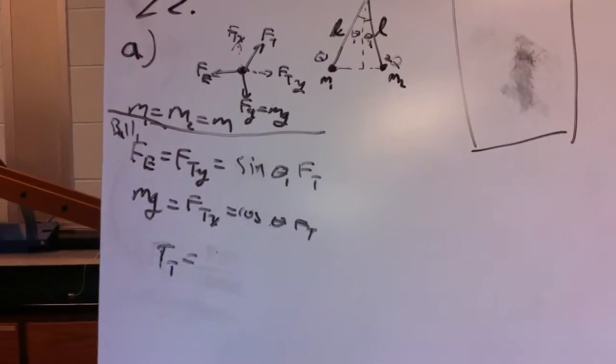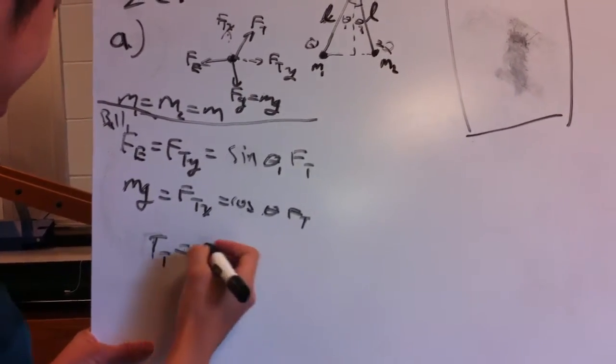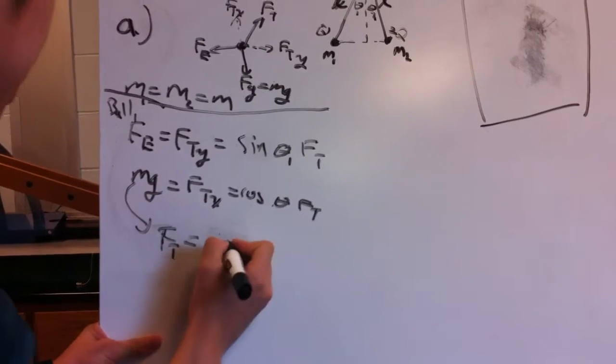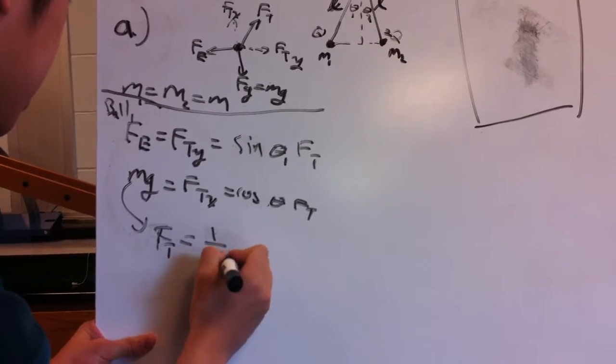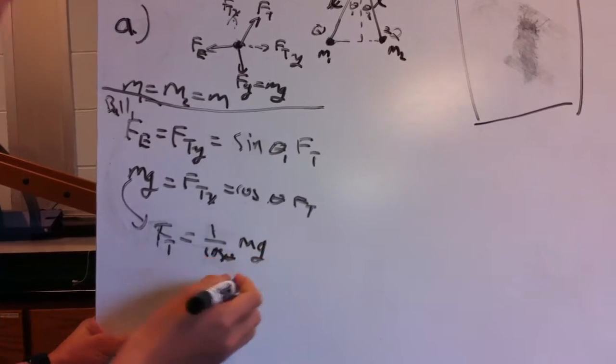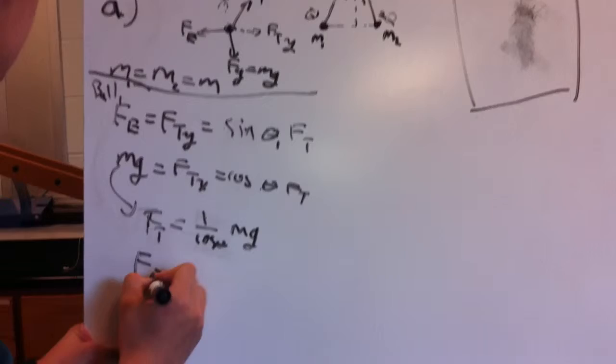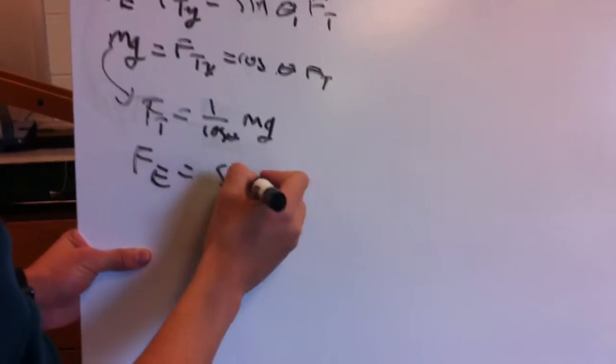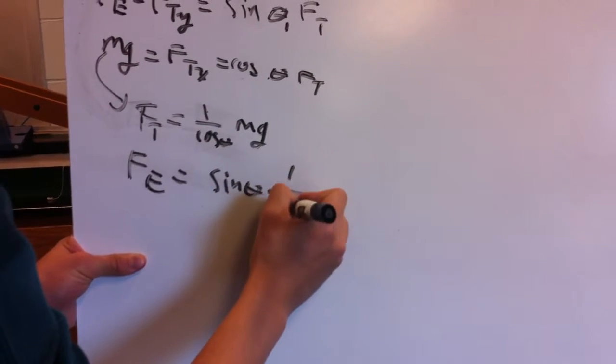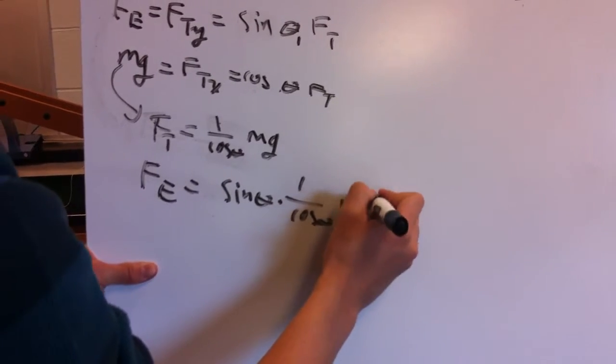Okay, so Ft from this equation equals 1 over cosine theta mg. And if we plug it into the equation from above, we can get that Fe equals sine theta times 1 over cosine theta mg.